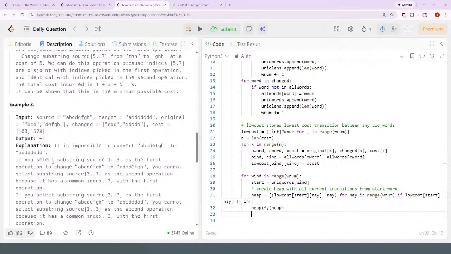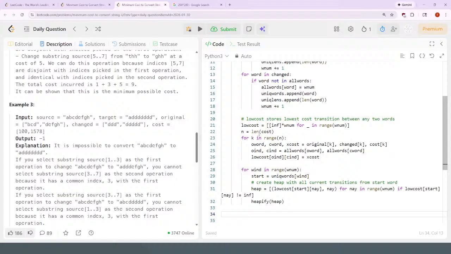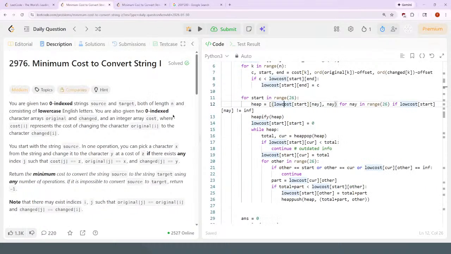Once I do that, then I need to basically build it up, right? So I think it needs to be: while heap exists, take out the lowest cost. Actually, what do I call this thing? Total and current.